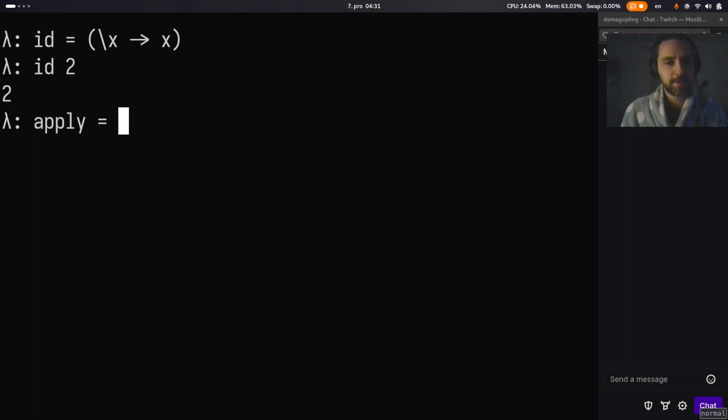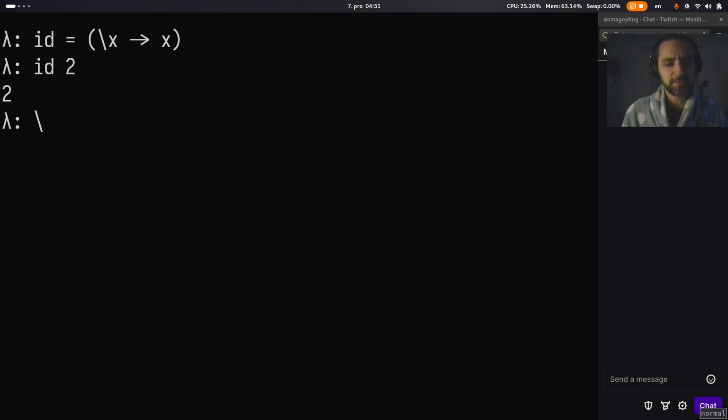Because if we look, the self-apply has lambda S, S, and it's all the same, right? There is an argument being applied to an argument. But then with the apply function, we got something else.